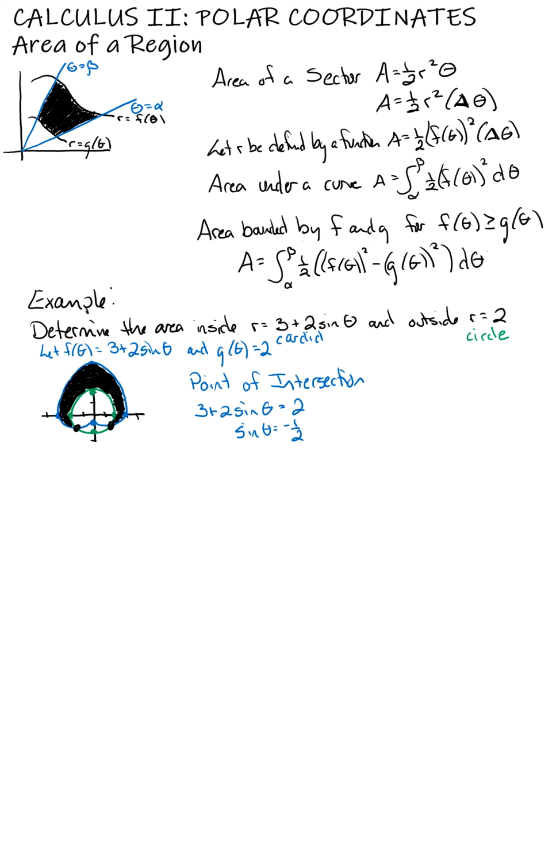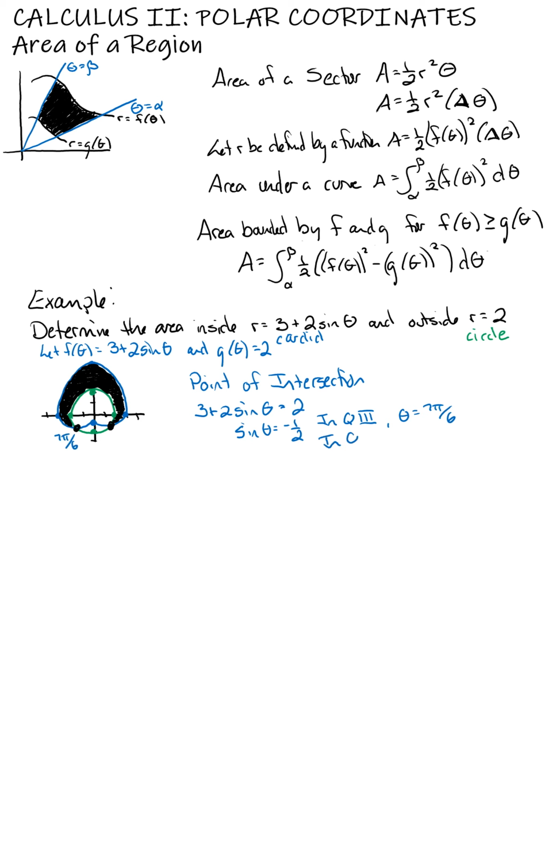Now, if the sine of theta is equal to negative 1/2, what is our theta value? Well, the reference angle is pi over 6, and so in quadrant 3, theta is 7 pi over 6. That's this one.